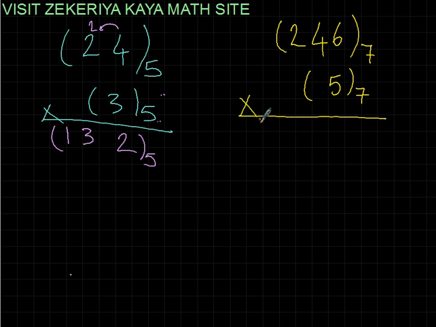Let's see whether you understood the idea or not. Try to solve it on your notebooks. 5 times 6 is 30. In 30, how many 7s are there? How many? Can you show us?